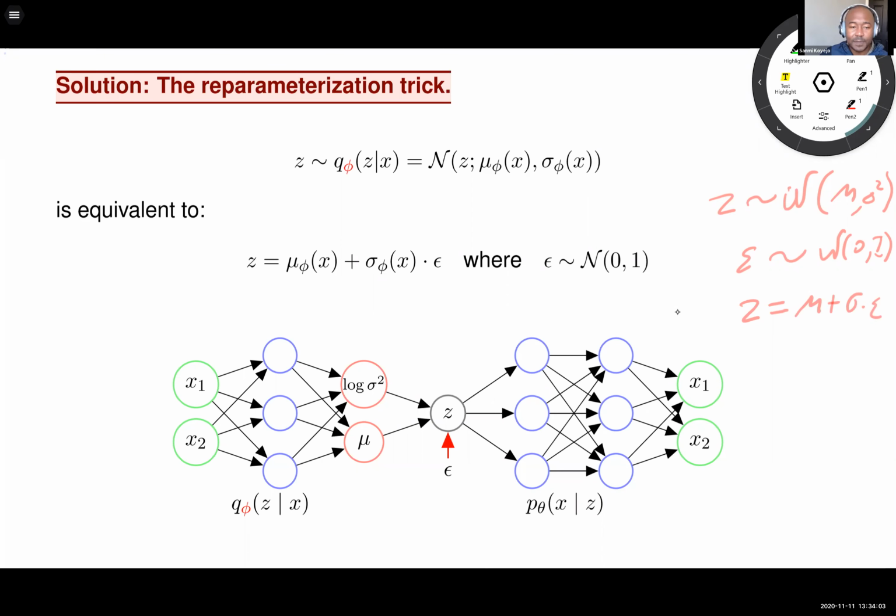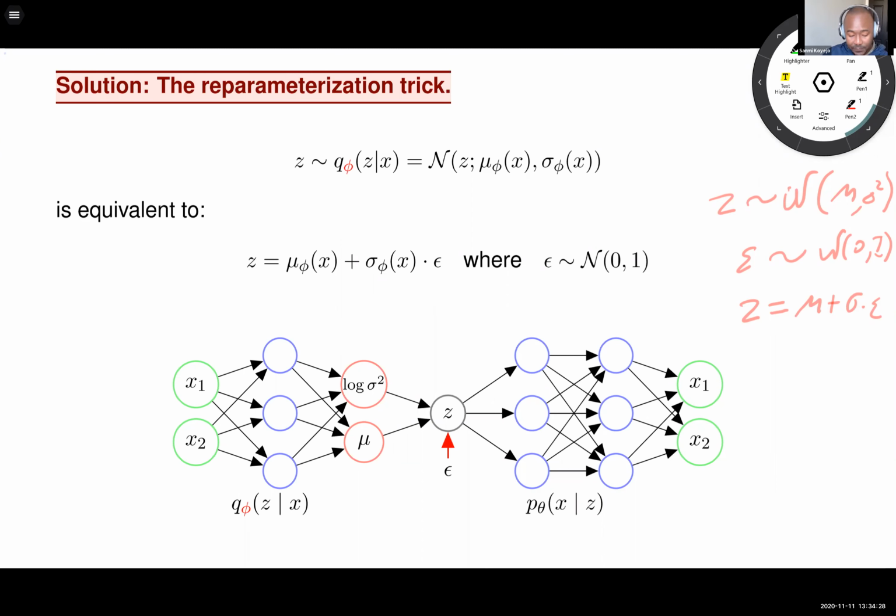You might have seen this before. It's just a transformation of Gaussians between each other. By multiplying by a standard deviation and adding a mean, I get back a Gaussian with an arbitrary mean and covariance. This allows me to go from an identity Gaussian to a parameterized Gaussian very easily, and we're going to use that approach in solving this problem.